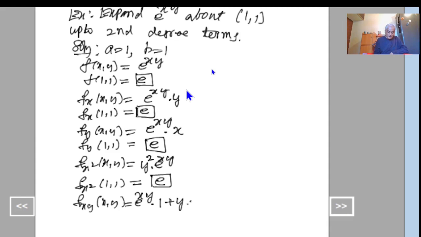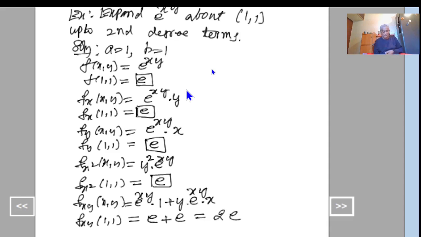E power of xy derivative is e power of xy into xy derivative with respect to y is x. Okay, x is a constant, y derivative is 1. Therefore, fxy at the point 1 comma 1 is equal to e power of 1 into 1, e power of 1 is e, plus, this is also equal to e, this is equal to 2 times e. Put x equal to 1, y equal to 1.